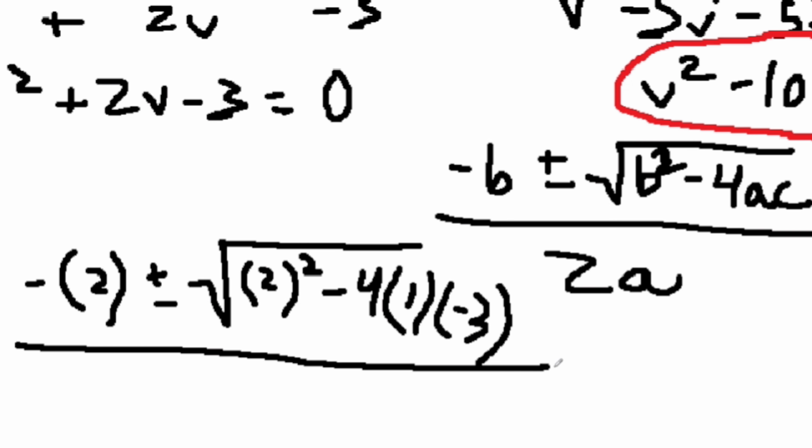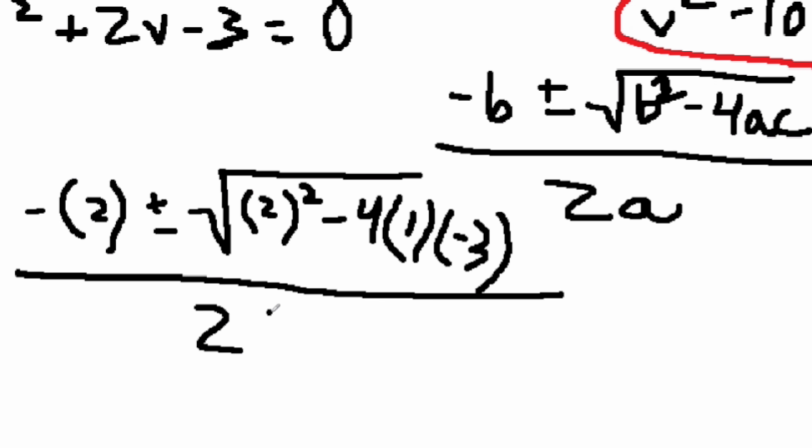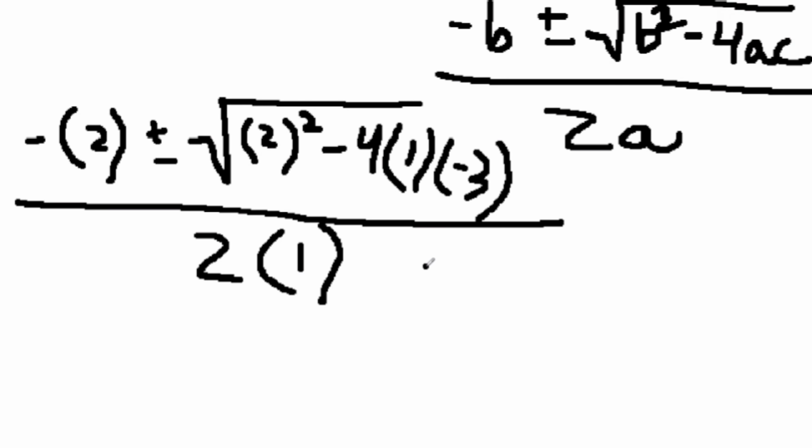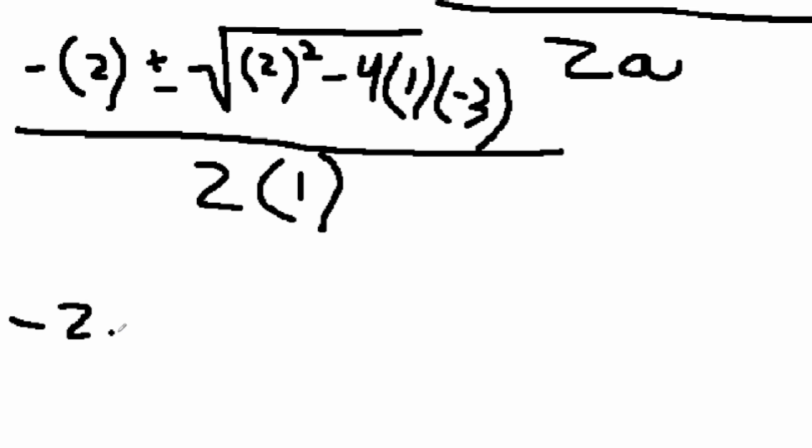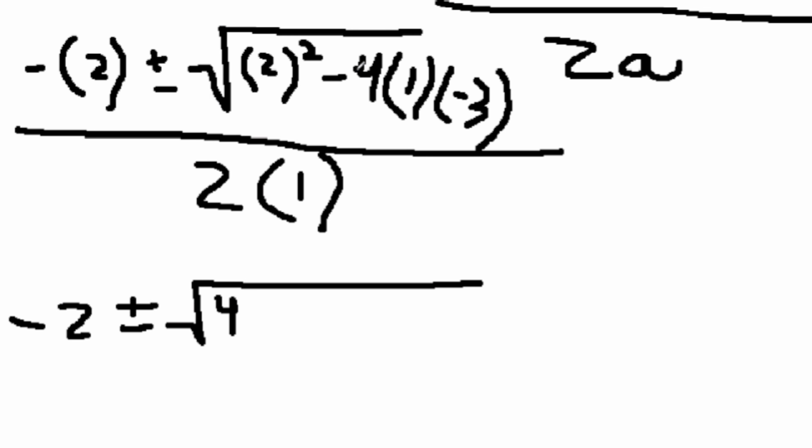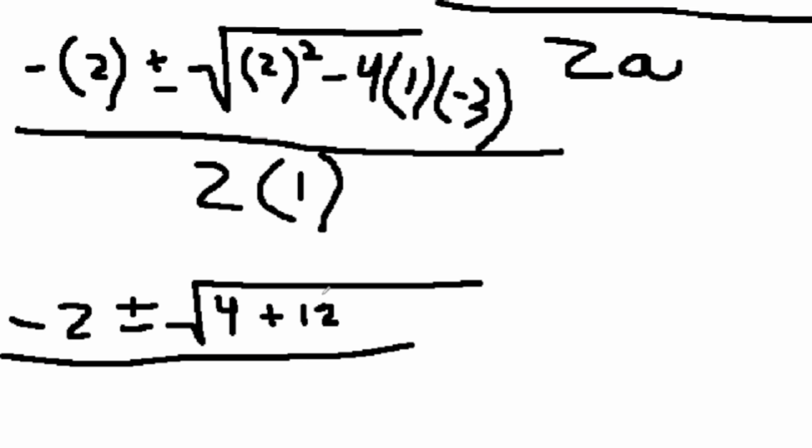And all of this is divided by 2a, which is 1. So now let's simplify this a little bit. Negative 2 plus or minus root 2 squared is equal to 4. And then minus 4 times 1 times minus 3 is equal to 12. All of this divided by 2 times 1, which is 2.